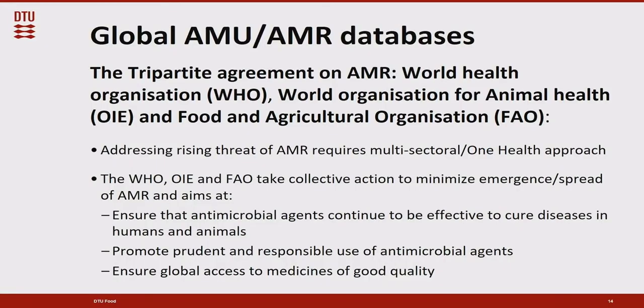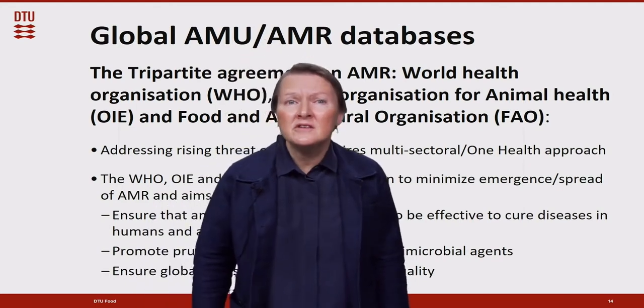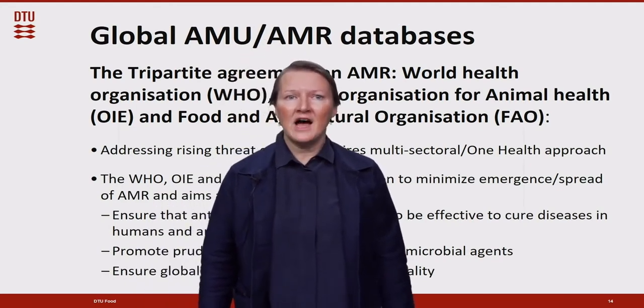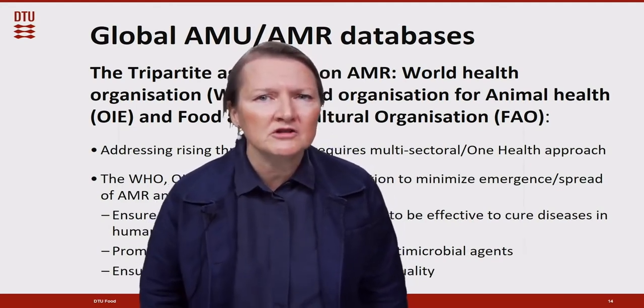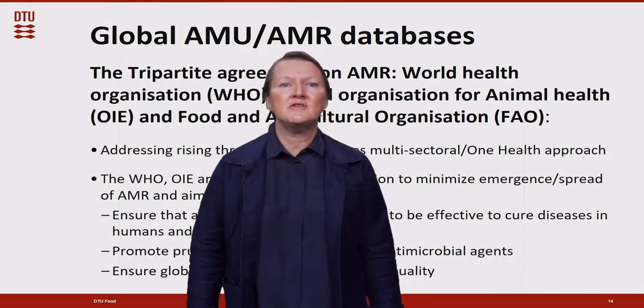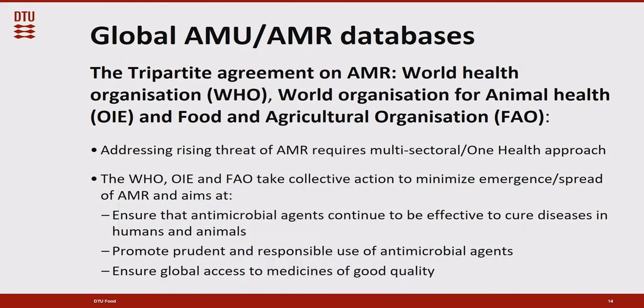As a part of the global surveillance of antimicrobial usage and antimicrobial resistance, the World Health Organization, the World Organization for Animal Health, and the Food and Agriculture Organization made an agreement. They all thought that addressing the rising threat of antimicrobial resistance required a multisectoral and a One Health approach.